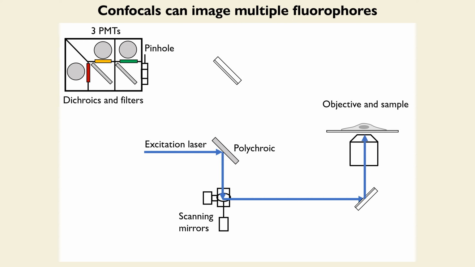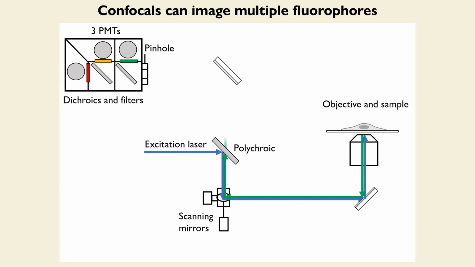The resulting fluorescence is emitted in all directions, but some portion of it goes back into the objective and it goes right back through the light path, but now it goes through the polychroic. The reason being the polychroic is transparent to light that has wavelengths different from the laser. It bounces off another mirror.